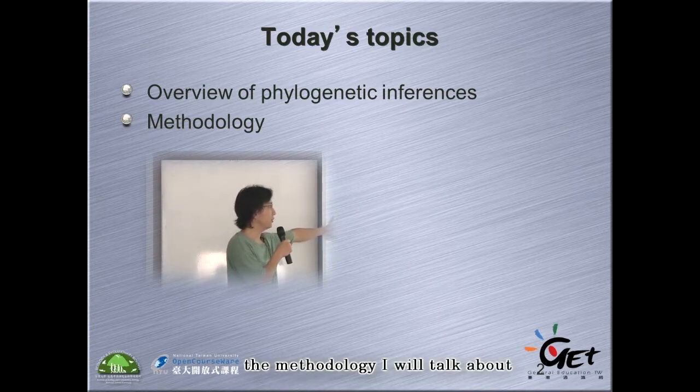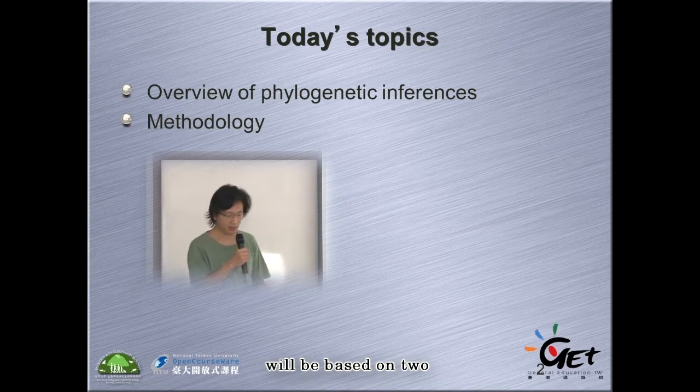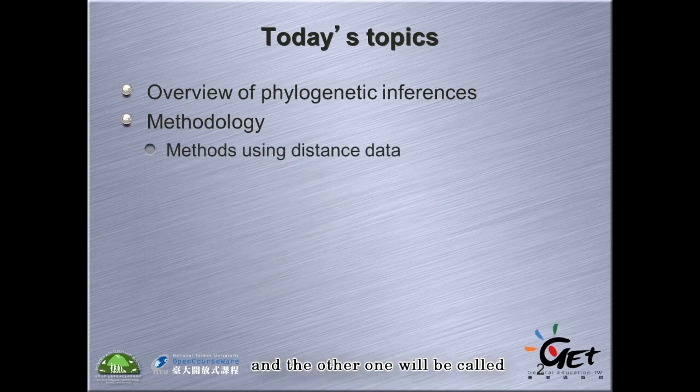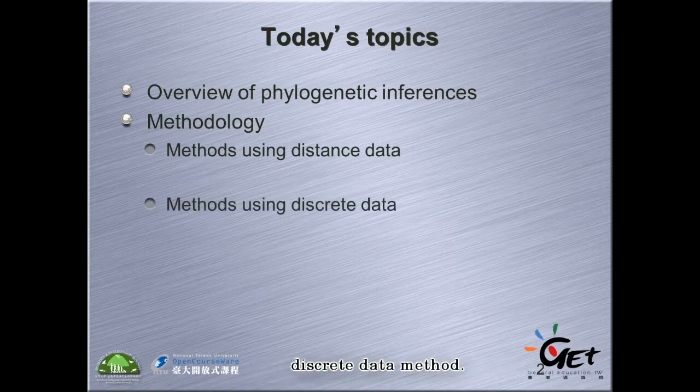The methodology I'm going to talk about will be based on two different criteria. One is called the distance method, and the other one will be called the discrete data method, which means the character-based method. So many of the phylogenetic analyses can be categorized based on these two different approaches, and I will talk about that in detail.